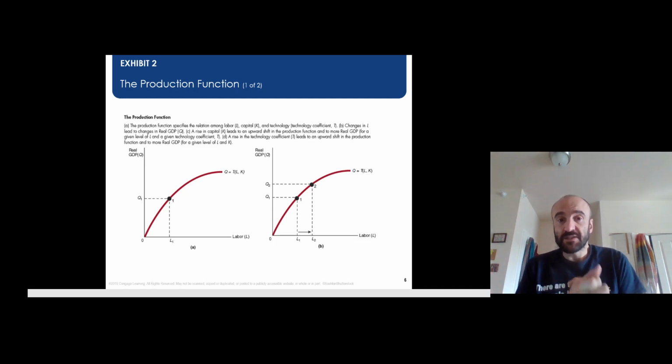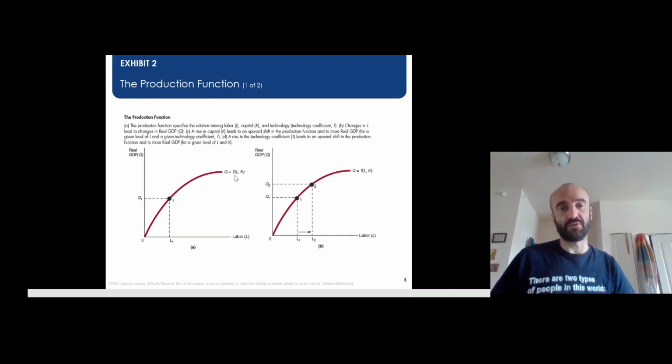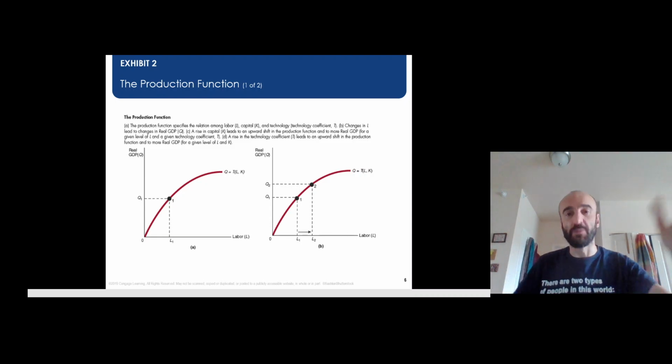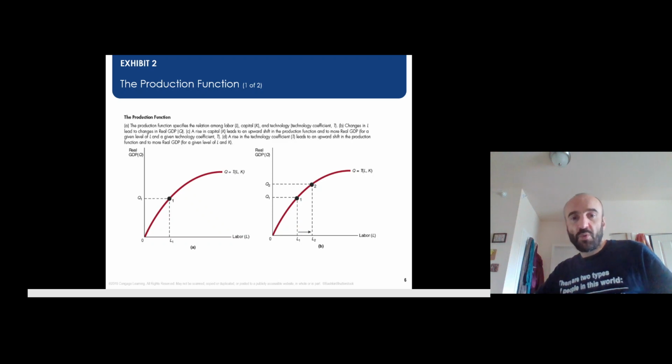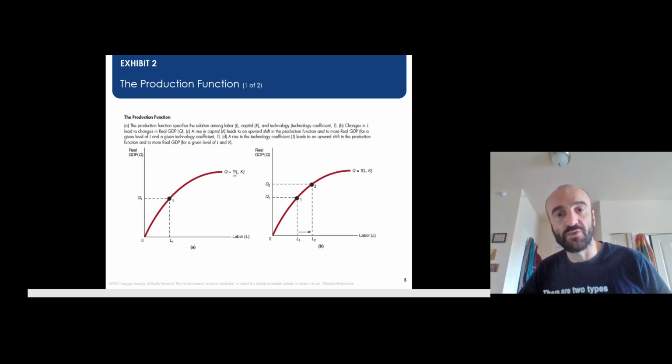Okay, so this law is called the law of diminishing returns, which means that if you vary one factor and you keep all other factors constant, there is only so much that you can do. The bottom line, as they say here, is that if you want real economic growth in the long run, you cannot just vary one of the factors. You have to vary all three factors in tandem.